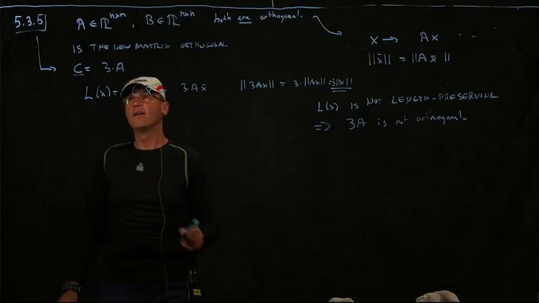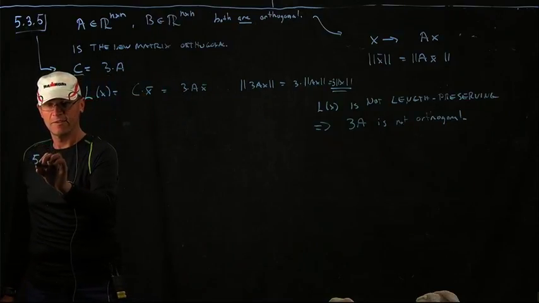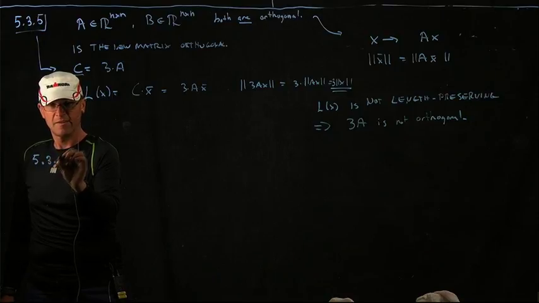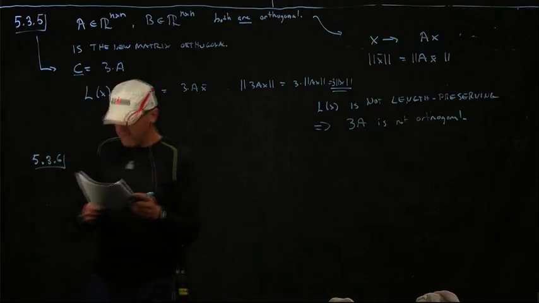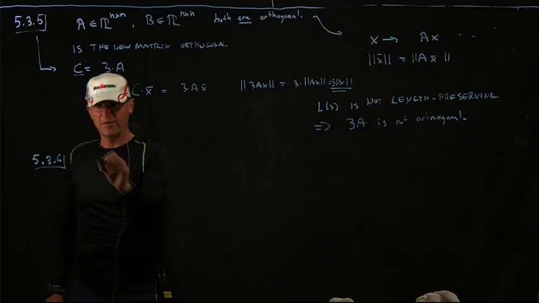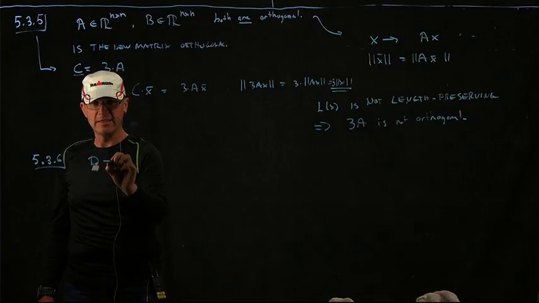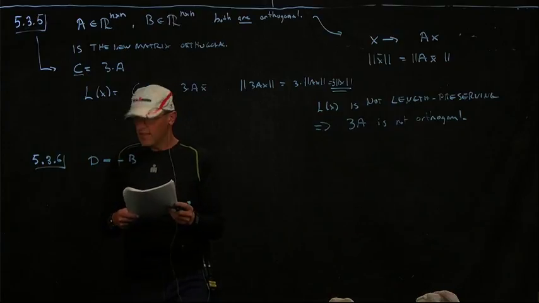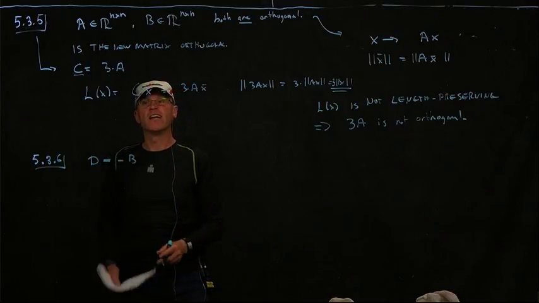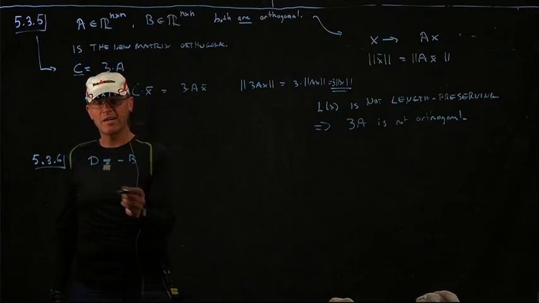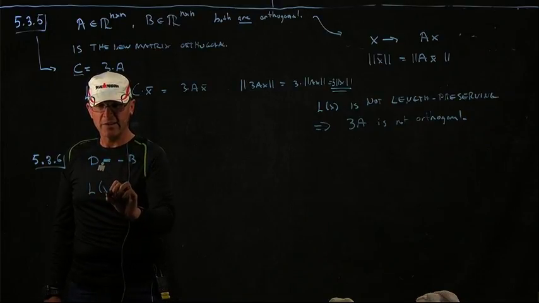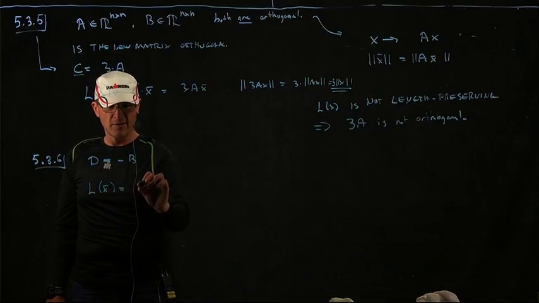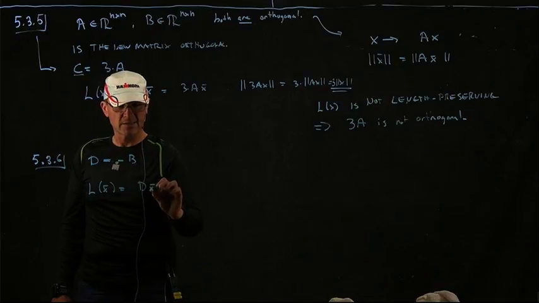Then 5, 3, 6. Our new matrix is D, which is just the matrix B with the sign flipped. So consider the linear transformation we get by multiplying D times x.